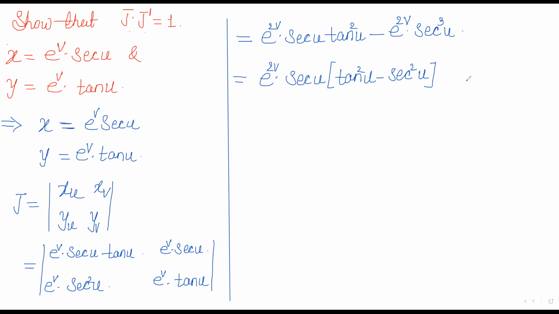So as we know that tan square u minus sec square u, it is 1 or minus 1? It is minus 1, which is equal to minus e raised to 2v into sec u. कुठेतरी लिहून ठेवा कोपऱ्यात. Tan square u minus sec square u is equal to -1.